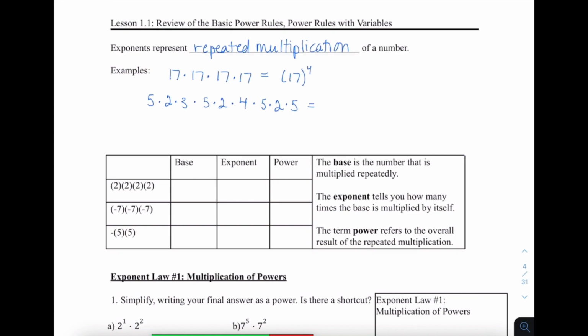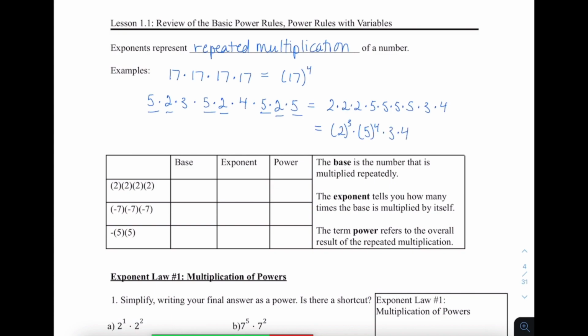So I know that this series of multiplications is the same as 2 times 2 times 2, so I have 3 2's here, times 5 times 5 times 5 times 5. I've got 1, 2, 3, 4 5's there, times 3 times 4. So I can actually rewrite that as 2 to the power of 3, 2 to the exponent 3, 5 to the exponent 4 times 3 times 4.